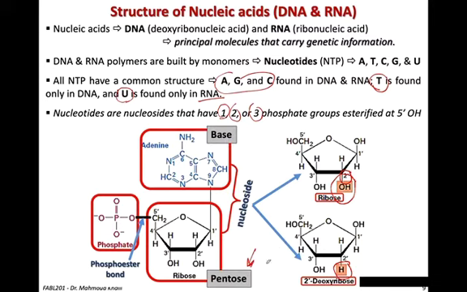The pentose sugar of RNA has the hydroxyl group on the 2', while the pentose sugar of DNA does not. This one is the pentose sugar of RNA, and this one is the pentose sugar of DNA. That's why it's called deoxy, because it lacks the oxygen. Each of these nucleotides will be the building blocks of either DNA or RNA.